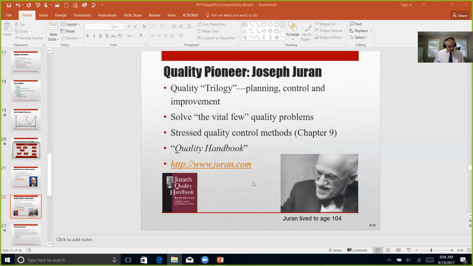Joseph Juran was another one. He originated the idea of the quality trilogy of planning, control, and improvement of quality. And he suggested that the company should identify the major business goals, customers, and the products required. And after carefully testing all of those, they want to make sure that they're meeting the customer needs.